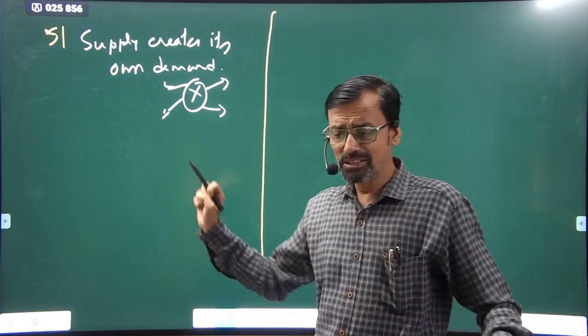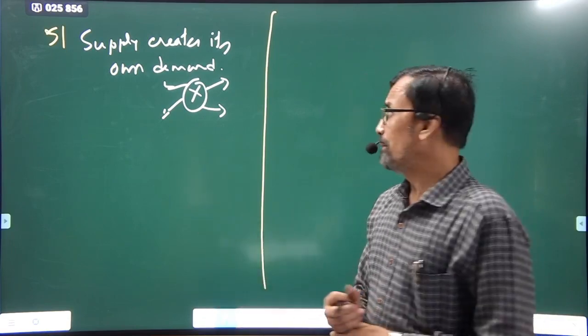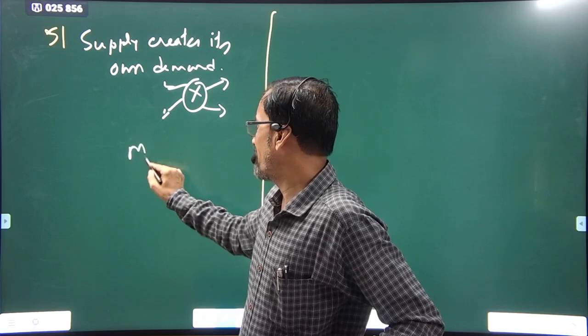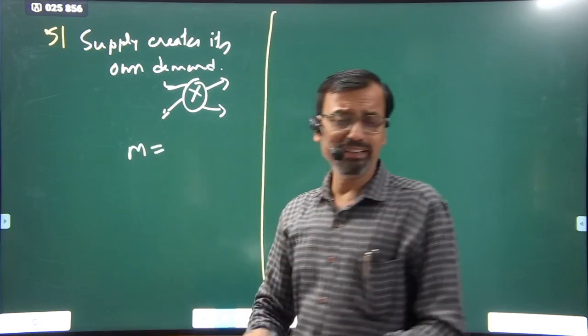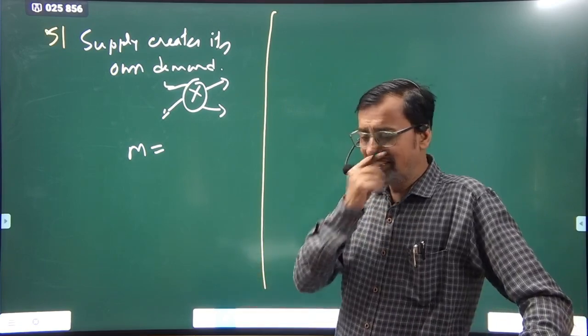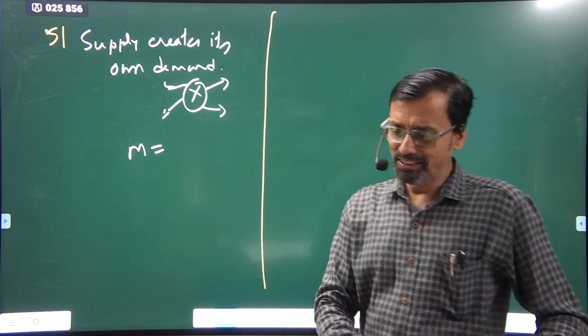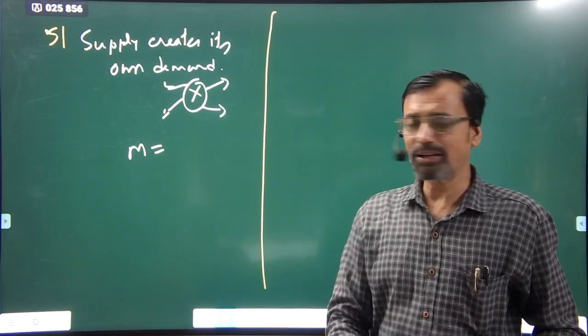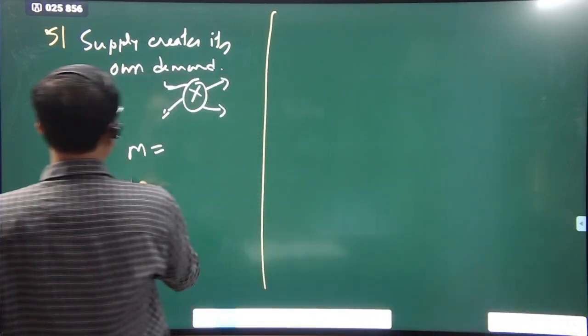So from this point of view, money functions only as a transaction motive. That is, money is demanded only for the transaction motive, or you can say as a medium of exchange.